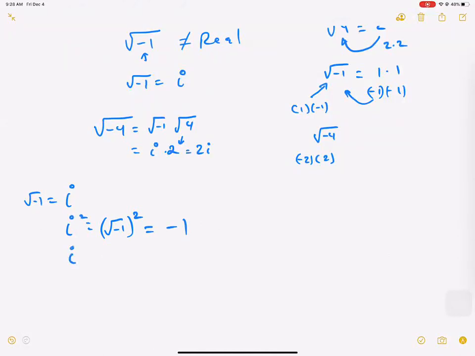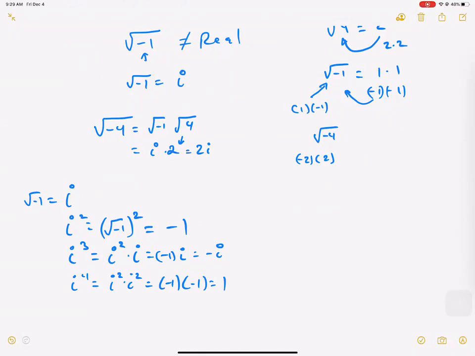Then i cubed, we said was just i squared with an extra i to it. So that made it a -1 times i, which was -i. This is just again review. i to the 4th, if we simplify as i squared and i squared, 2 i's, that's -1 and -1 become +1. So we always reset at every 4th i.